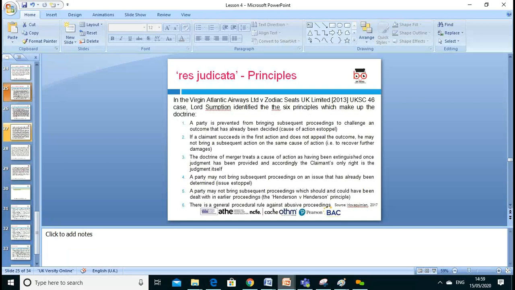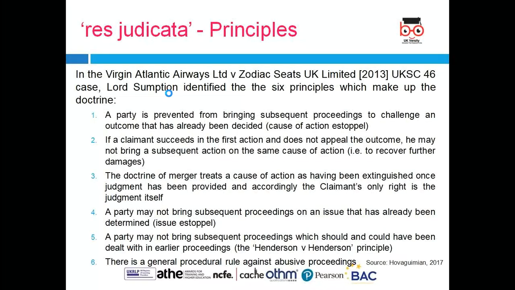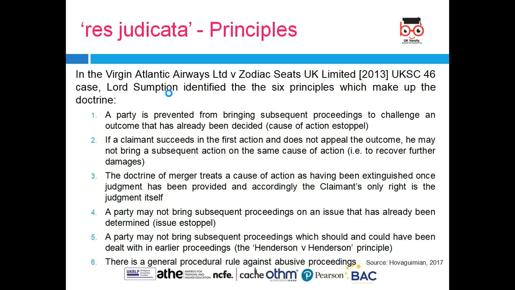Okay. Then this is the case about Virgin Atlantic Airways and other parties, and that case set out 6 principles. A party is prevented from bringing a subsequent proceeding to challenge an outcome that has already been decided.